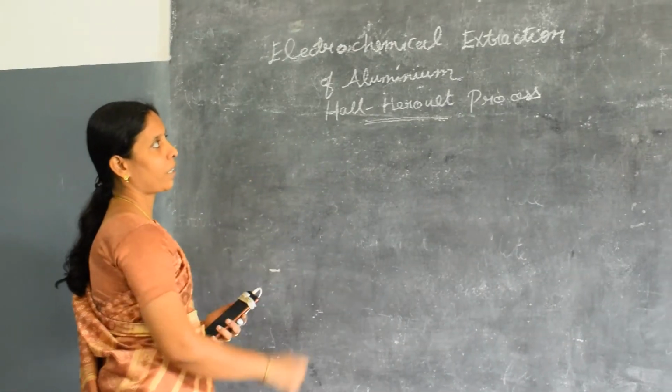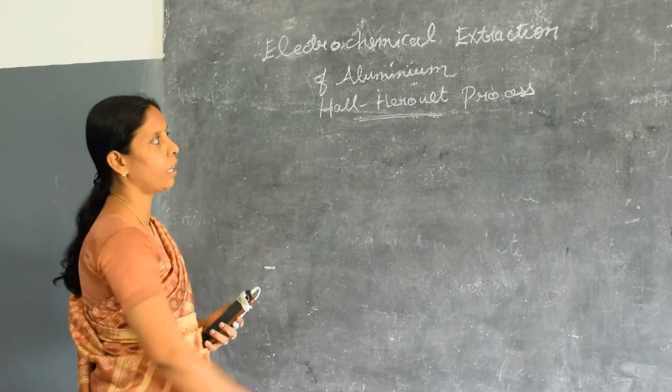The next topic is the electrochemical extraction of aluminium by using the Hall-Heroult process.